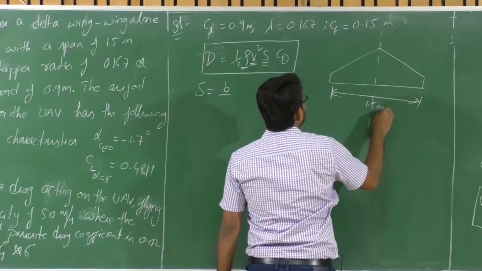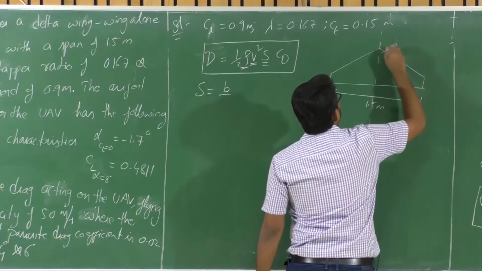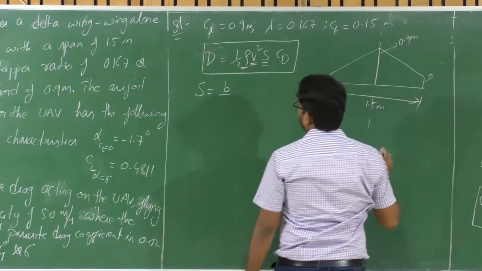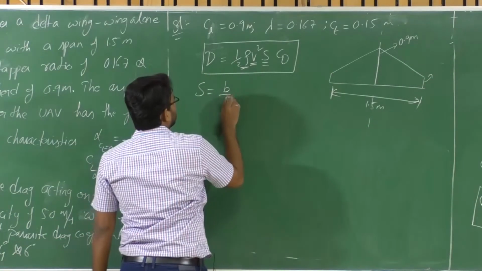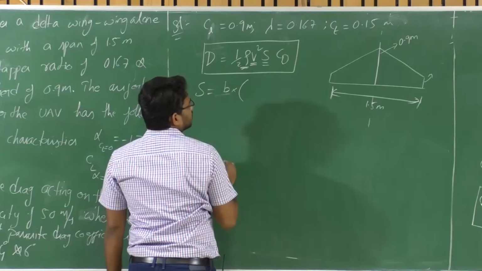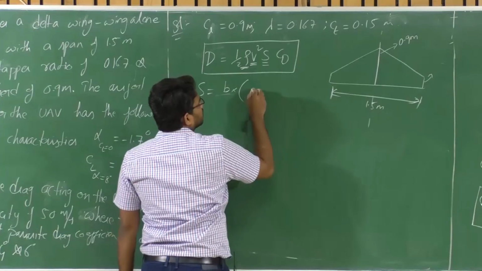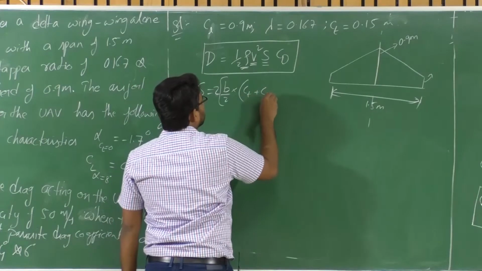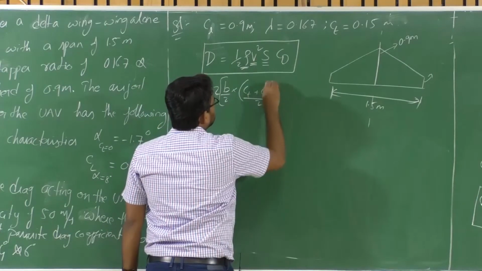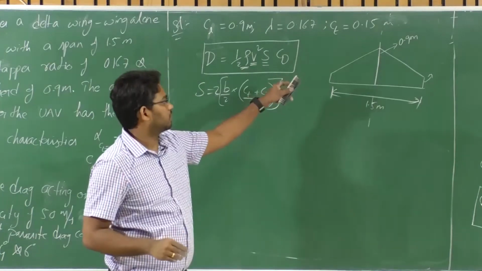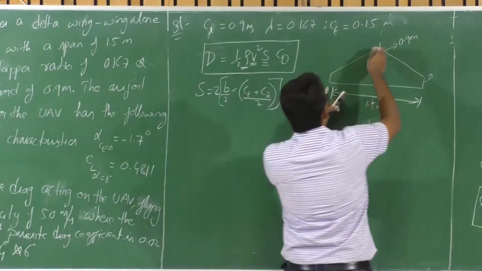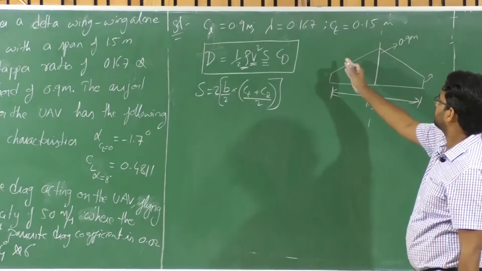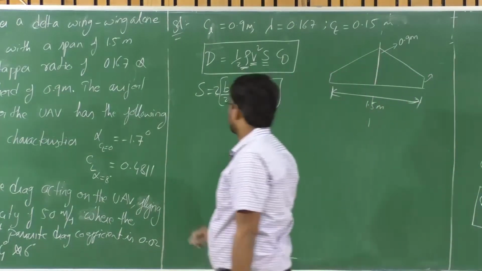The span is about 1.5 meters, the root chord CR is 0.9 meters, and CT you now have. The area of this half of the planform is the trapezium area, B by 2 times the average of CT and CR, and twice that will be the entire planform area.